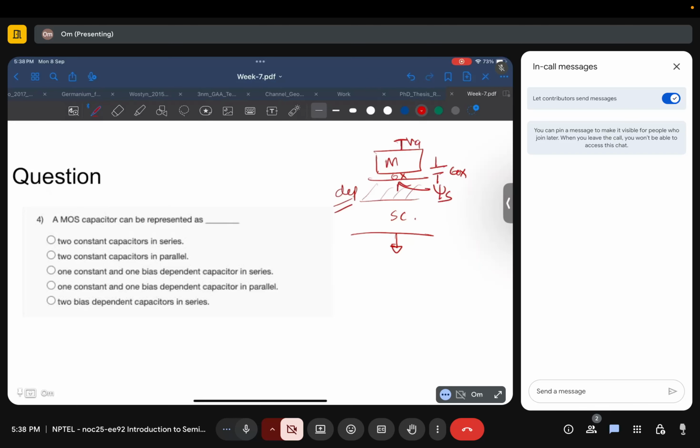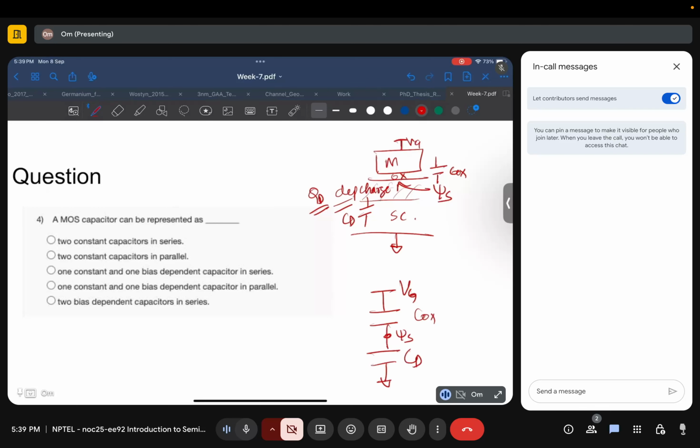So depletion charge here. This also acts like another capacitor, right? CD. So the equivalent diagram would be Cox, CD. Here you have applied VG, and here your potential is psi s.